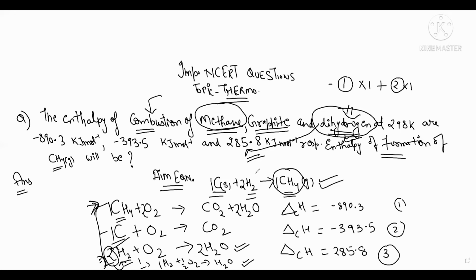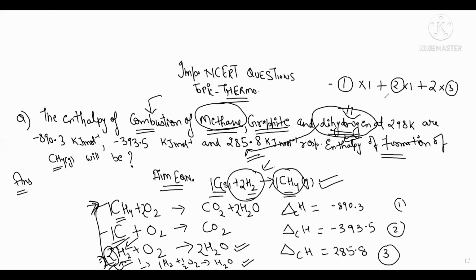Also H2 is written on the left hand side in the aim equation and on the left hand side in the given equation also. So plus sign can be given to it, but 2 has to be multiplied in the third equation, which I am repeating again and again, that the combustion value of dihydrogen has been given to you, not of 2 moles of dihydrogen. This 2 has just arrived due to balancing, so you have to multiply it with 2.